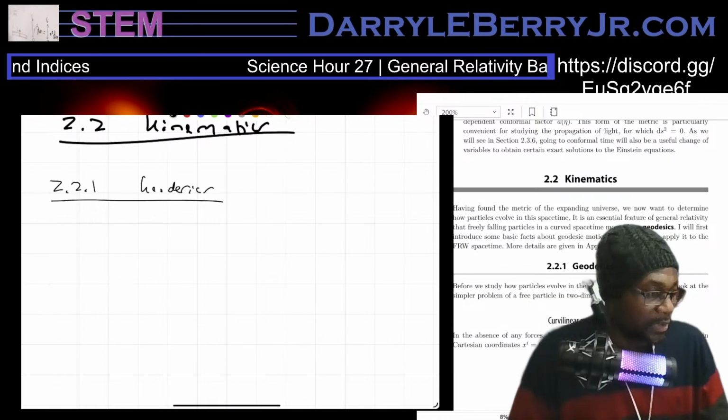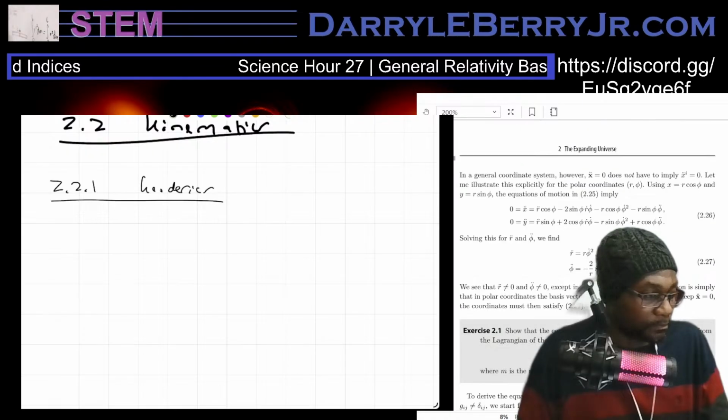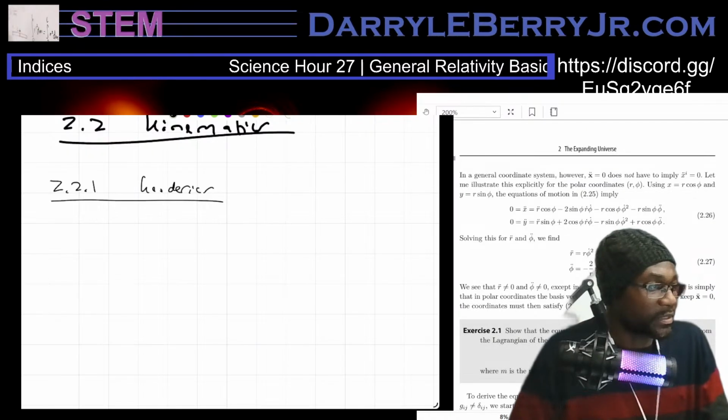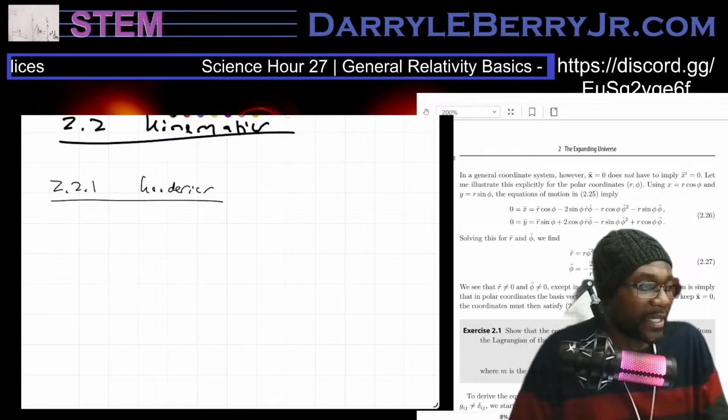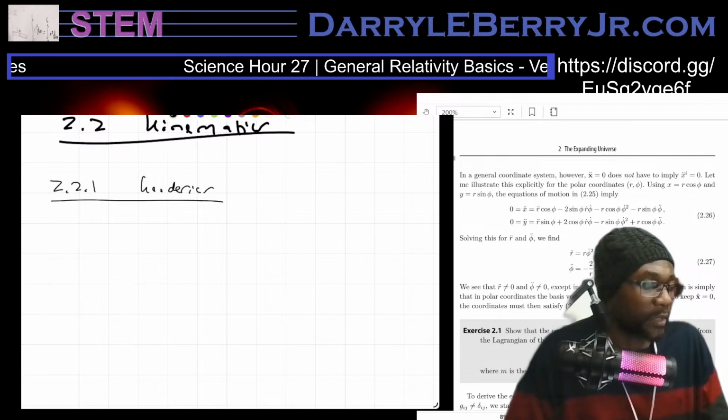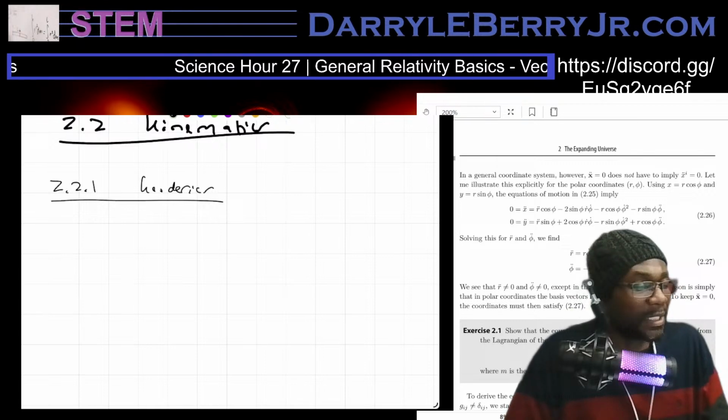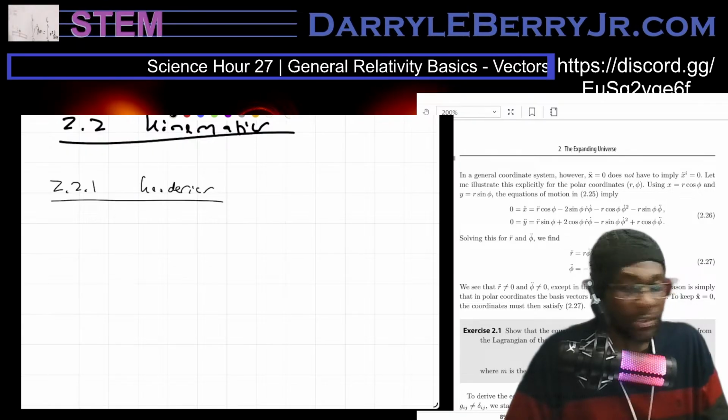That's simple enough. In a general coordinate system, however, acceleration equals zero does not have to imply that the acceleration of one particular component or direction is zero.